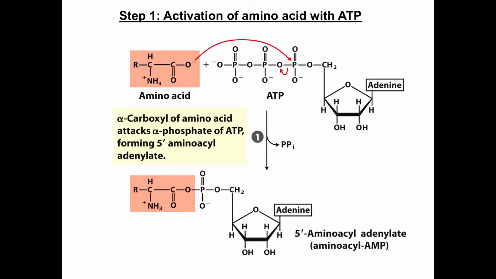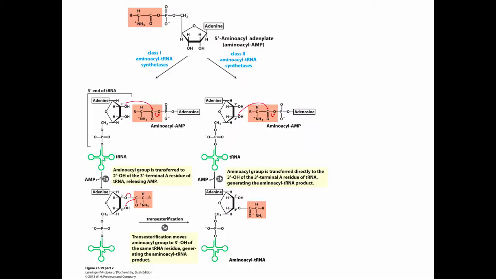So this is an aminoacyl adenylate intermediate. And then this intermediate can go down one of 2 different pathways, depending on whether it's a class 1 tRNA synthetase or a class 2 tRNA synthetase.